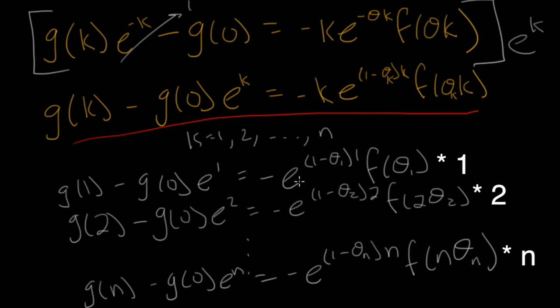And just for brevity, since this right term doesn't matter, we're going to call this epsilon 1, epsilon 2, and epsilon n.